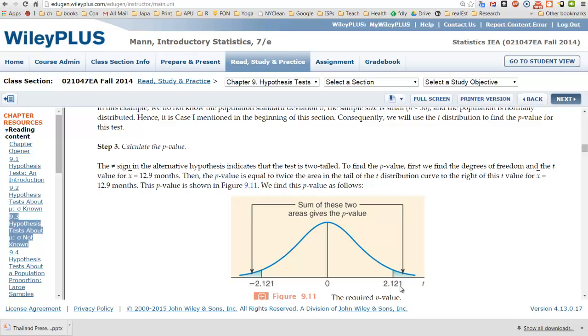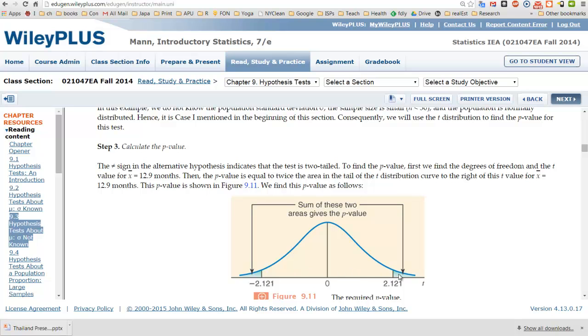But the p-value approach doesn't set up a rejection region here and a rejection region here. We don't bother to do that. It's still the same calculations, but we don't set up the rejection region. We just calculate the t-value, and then we ask what is the area in here and here if we're doing a two-tailed test.